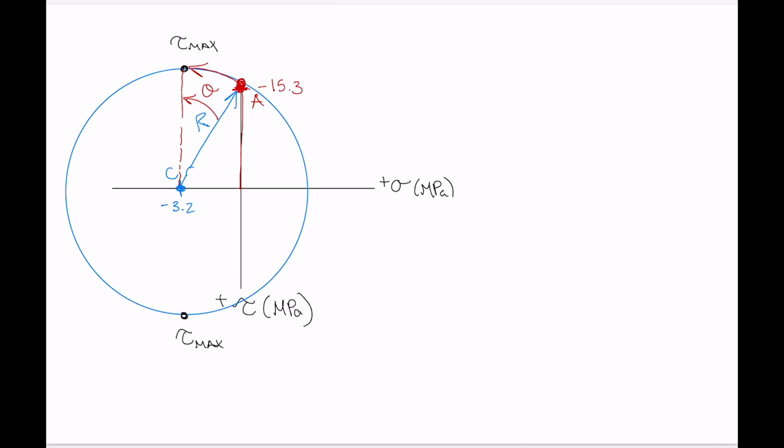So our element, remember, we had an element that was originally looking like this. That was the right-hand side. Now, in order to go from A to our new point over here, A prime at tau max, we are rotating counterclockwise by theta. So it means we have to take this element and rotate it in the same direction, right?